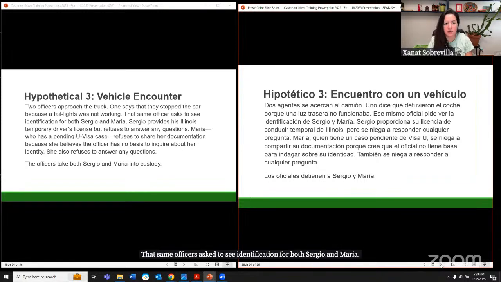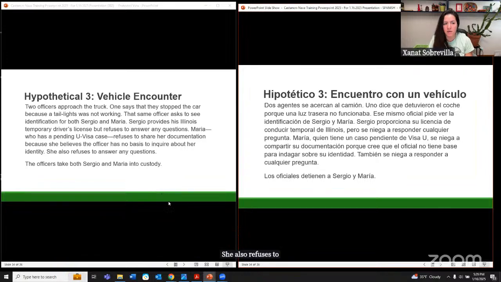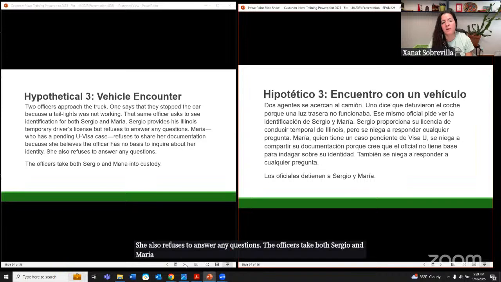Sergio provides his Illinois temporary driver's license but refuses to answer any questions. Maria, who has a pending new visa case, refuses to share her documentation because she believes the officer has no basis to inquire about her identity. She also refuses to answer any questions. The officers take both Sergio and Maria into custody.